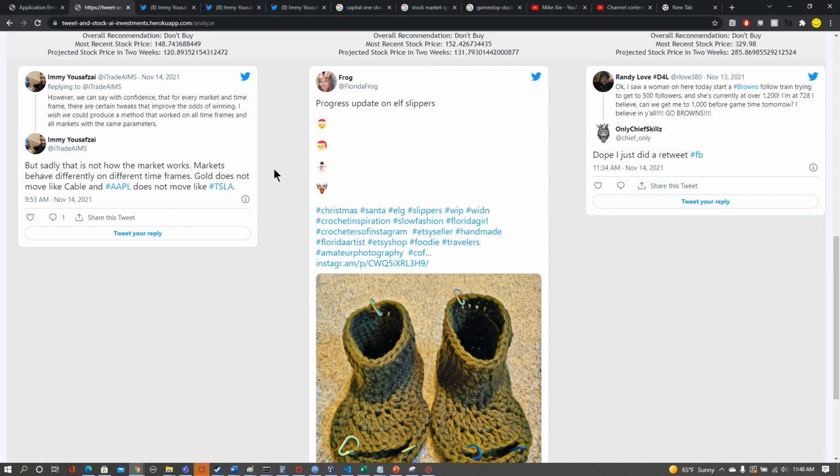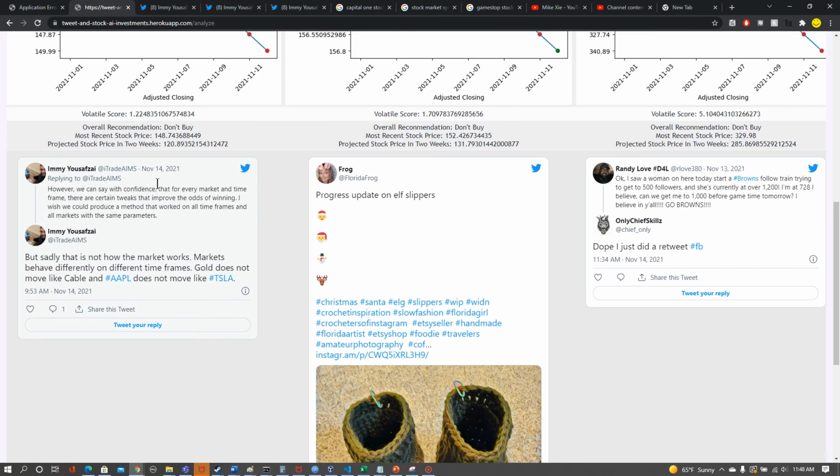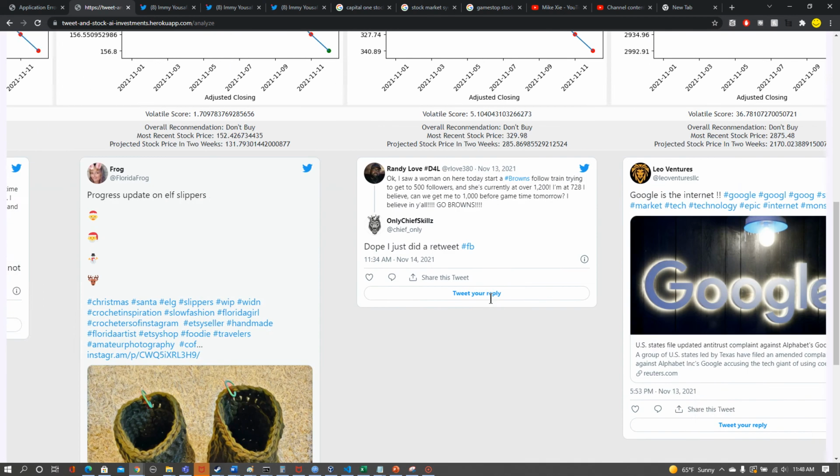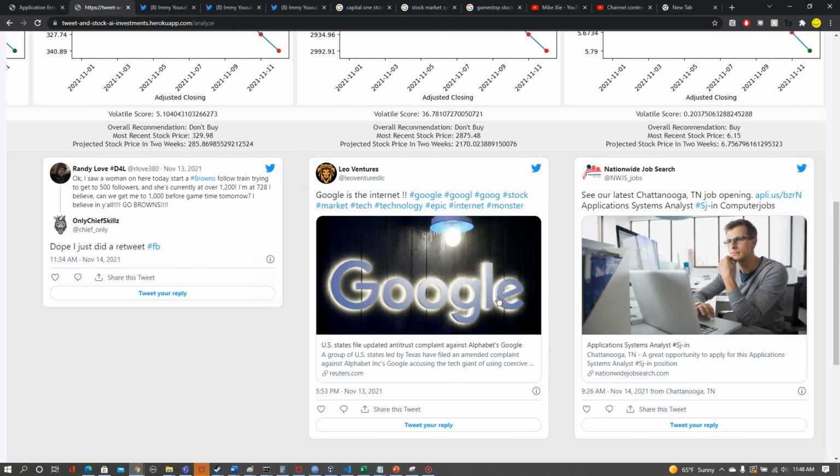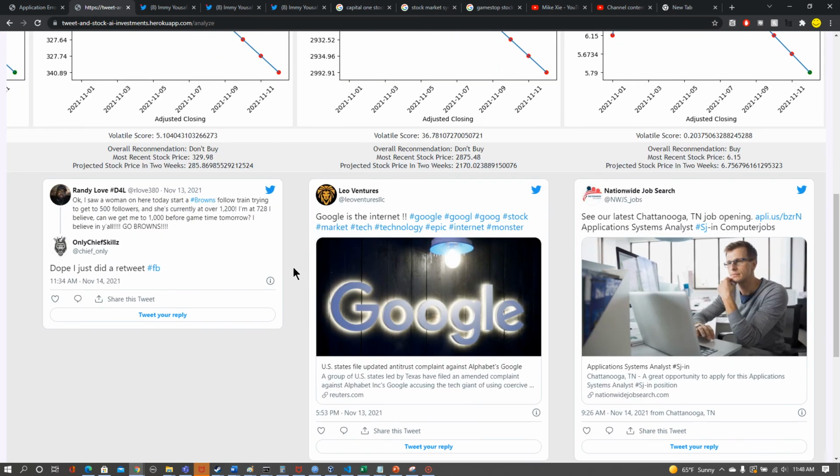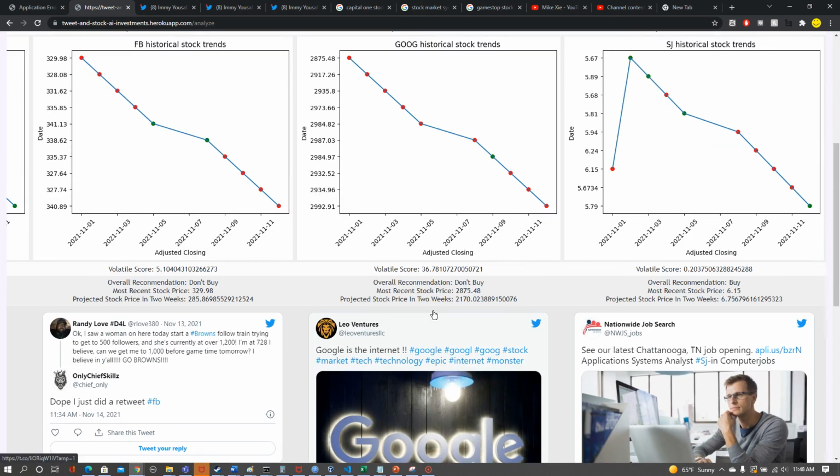Looking at the leftmost tweet, you can see that this tweet corresponds with the Apple stock, because it has the hashtag AAPL, which is the symbol of Apple. It is the same for each of the other stocks as well. If for some reason the Twitter API can't find any tweets because no one is tweeting about it, there will be a placeholder tweet instead.